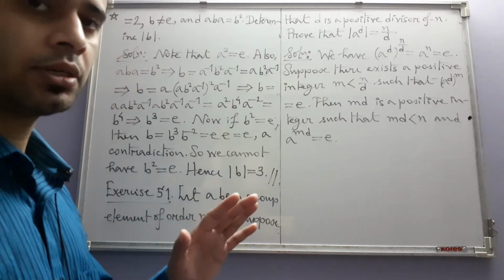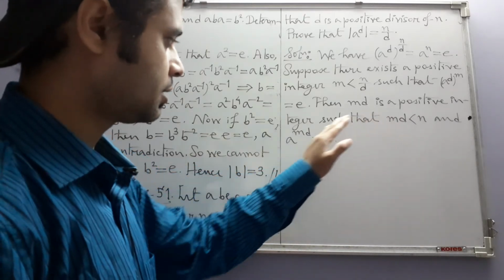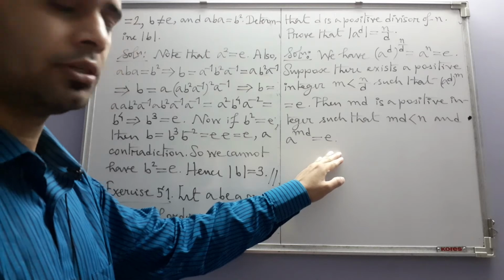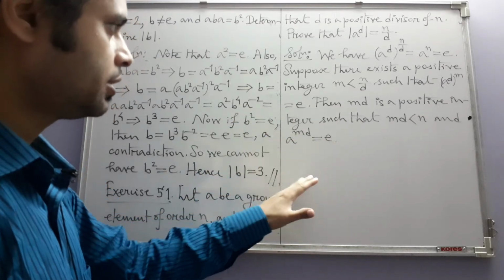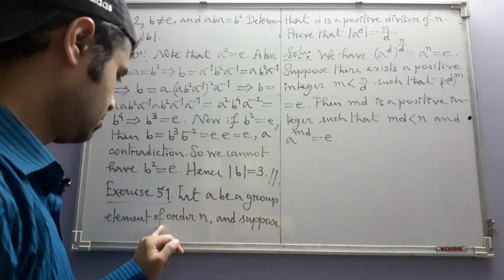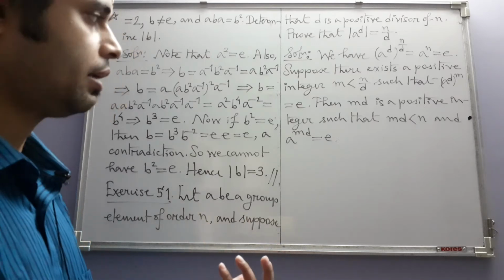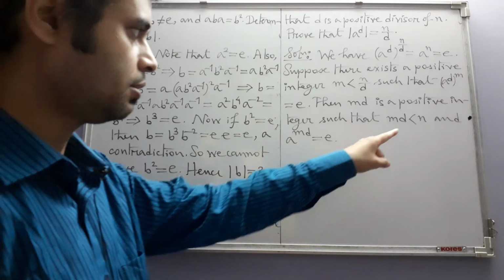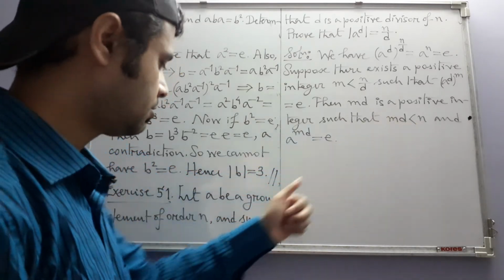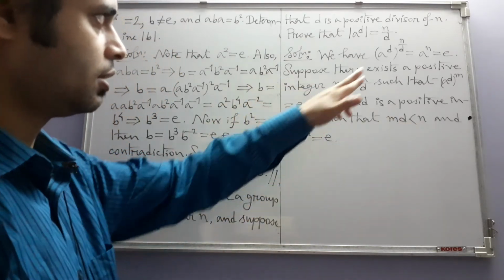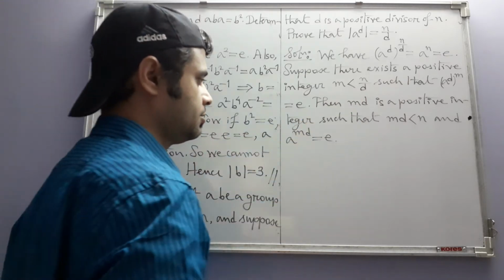So we have found a positive integer such that this corresponding power is equal to e, but this contradicts this statement that n is the order of a and hence by definition is the smallest positive integer for which a to the power n is equal to e. So that thing is contradicted.